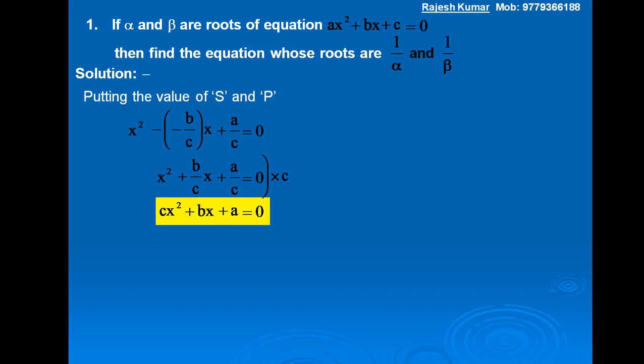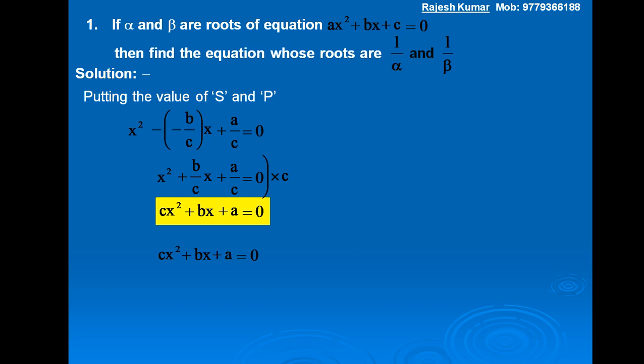Now an easy method to remember this: ax square plus bx plus c is equal to 0 is the given equation, and we want the equation whose roots are the reciprocals of the roots of the given equation. Only interchange the coefficient of x square and c, that is, in place of a write c and in place of c write a.